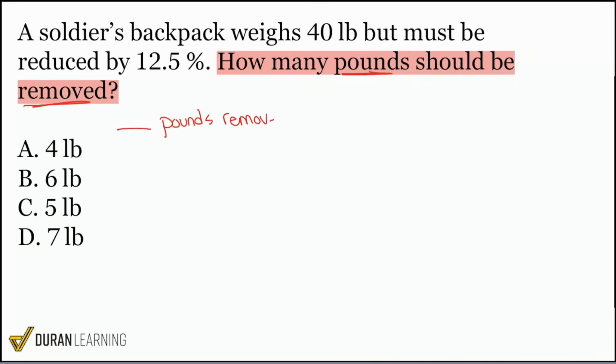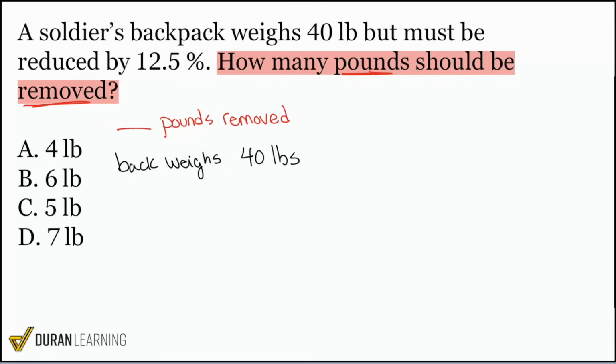That's what we want to find out. And then we see that the backpack initially weighs 40 pounds. So I'll just say backpack weighs 40 pounds. And then we see here that it says it must be reduced by 12.5%.